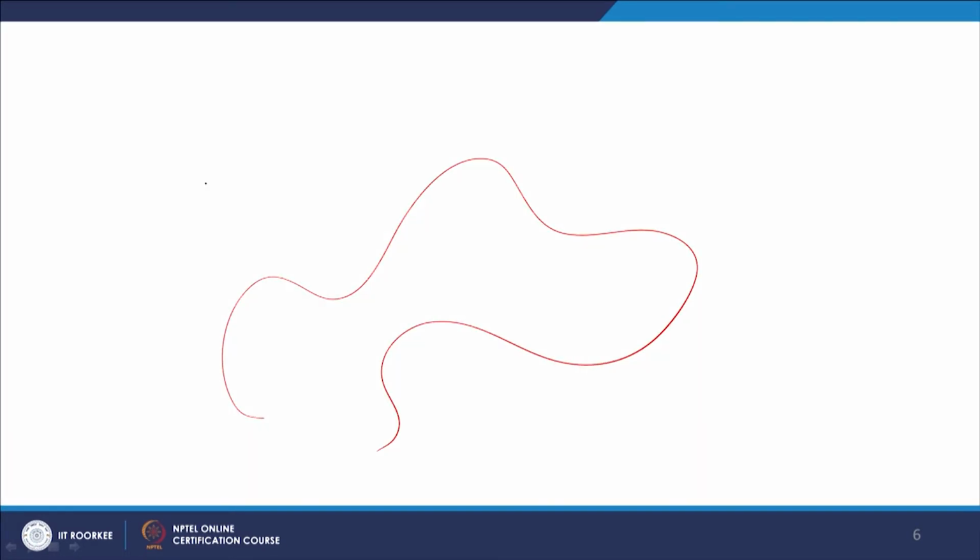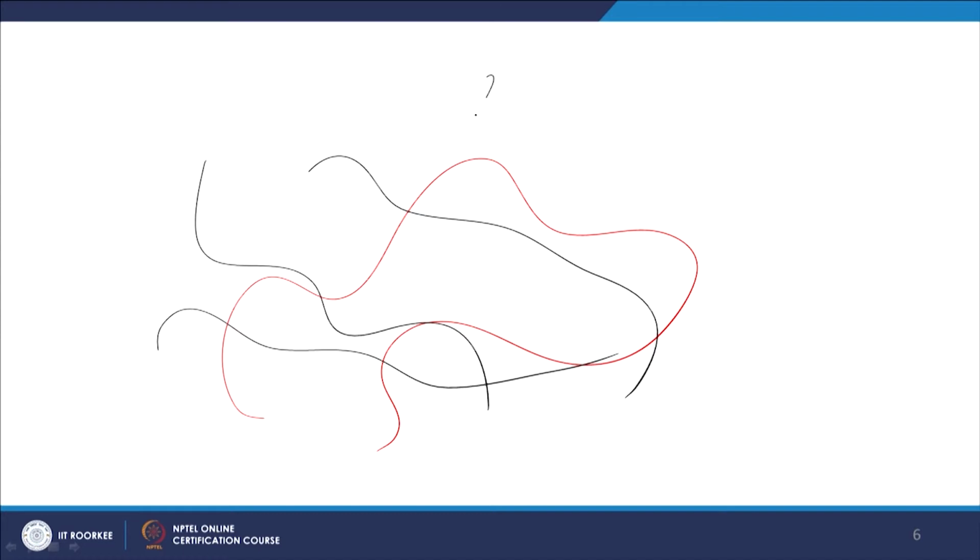So, let us say we have again a red chain in many black chains. Now instead of calling the intersections junctions, I will say that it is some sort of a ring formed at every such intersection.